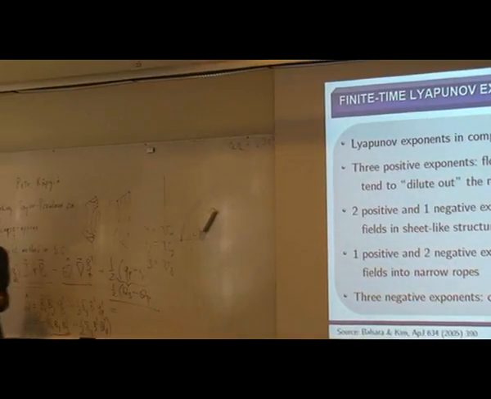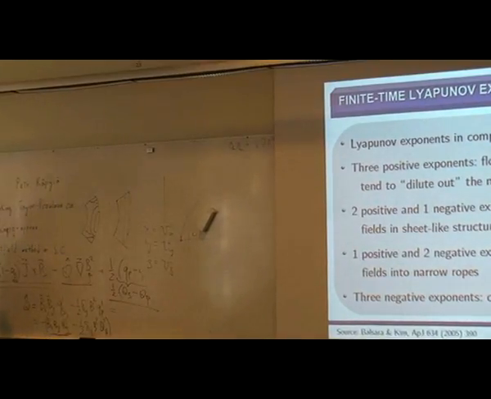You choose the initial condition, and then you go. You spread them, just randomly at one moment of time? You choose an initial time, yes. And then you put the initial conditions.